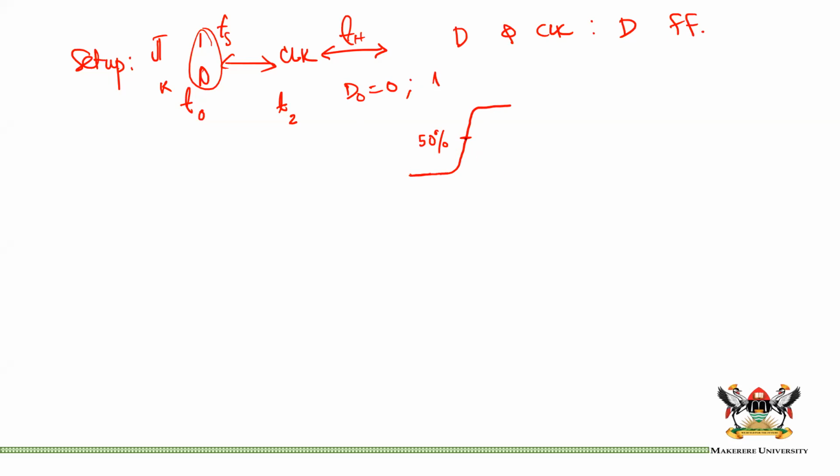Now, we are saying that you should wait a certain time before you actually change the clock. You need your inputs to be in the states you want them for a bit of time before you give the clock transition. So let's say you give the clock transition at that point. That's again 50%. This difference is what we are calling the setup time.